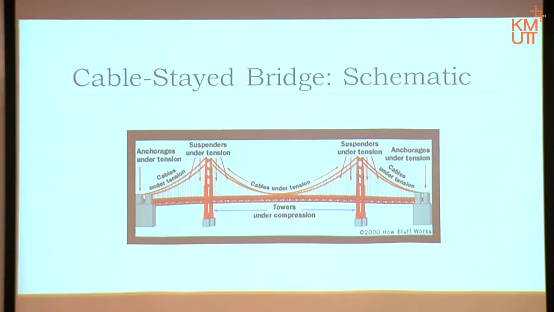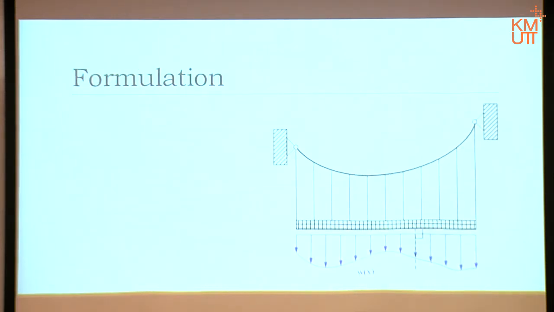To make it more general, we take a cable that is not supported at the same level either. That one signifies the support on the column, and that one is another column. This is the floor. The load will go down to the floor, transfer by the suspenders to the main cable.